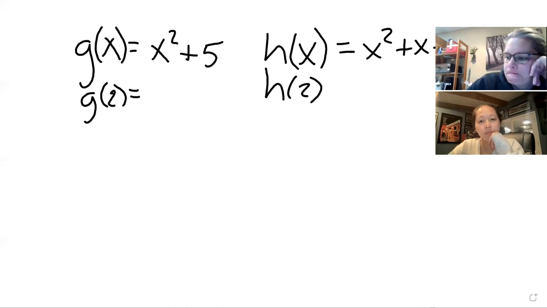Or even just g of y equals x squared plus 5, like what do I do? Yeah, what do you do? But I mean, that's just based on your class, or the group.